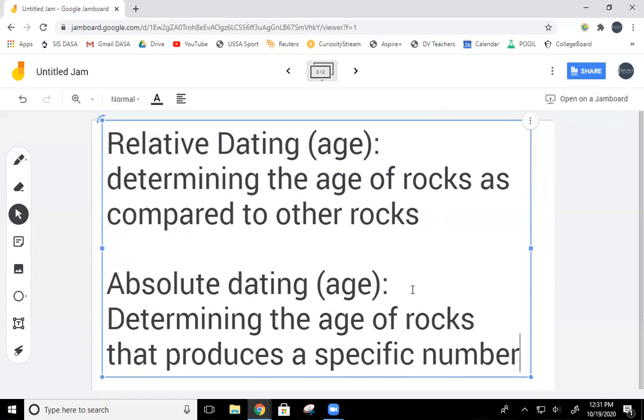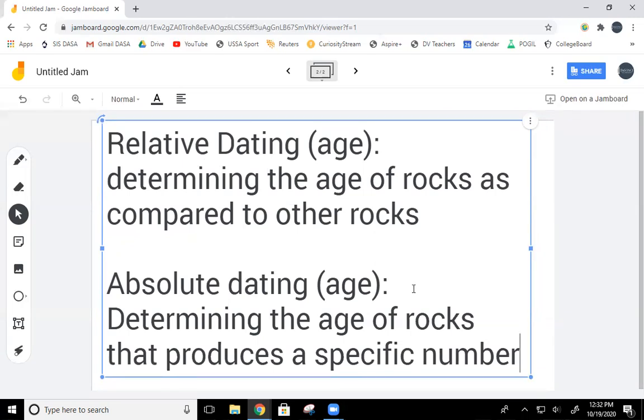It just says this thing is older than that thing. But when we want a specific or absolute age, I am 30 years old. You all are 14 or 15 years old. That is a number. That tells us the exact amount of time that has passed. So relative dating versus absolute dating. Do we see the difference there?